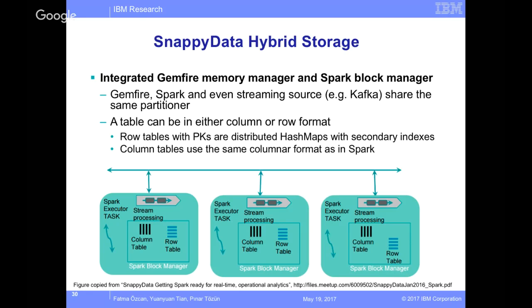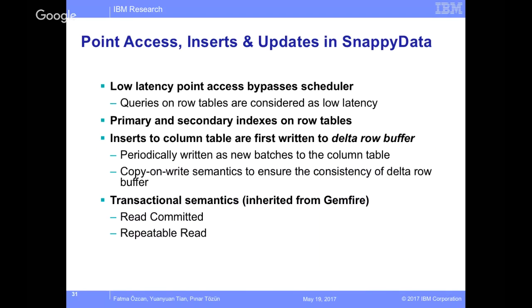They're all co-partitioned. And therefore, because they have the same partitioner, for a low latency query they know exactly which shard to go to, so they can bypass the scheduler and get the data back.